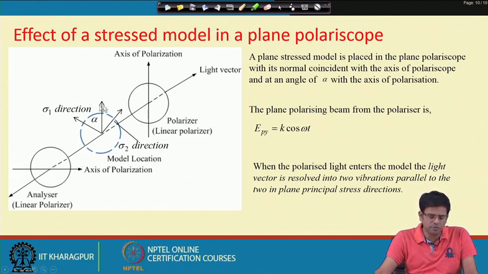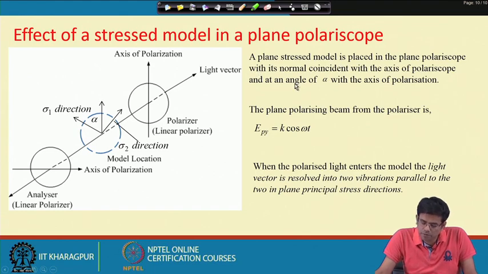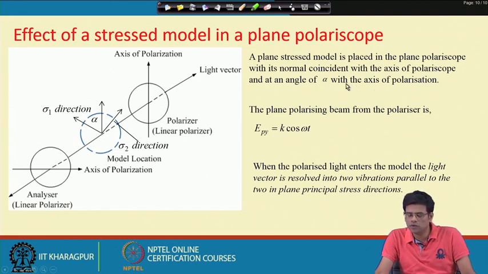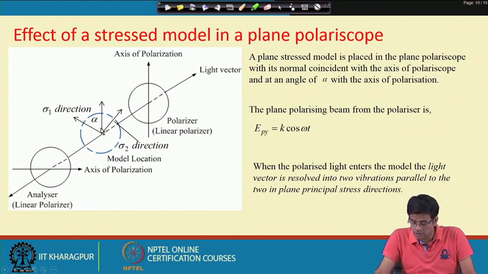If we place the model, you have the sigma 1 direction, the principal stress direction, and the sigma 2 direction, the other principal stress direction. The plane model is placed in the plane polariscope with its normal coincident with the axis of the polariscope, at an angle alpha with the axis of polarization. So, alpha is the angle between the axis of polarization and the principal stress direction.